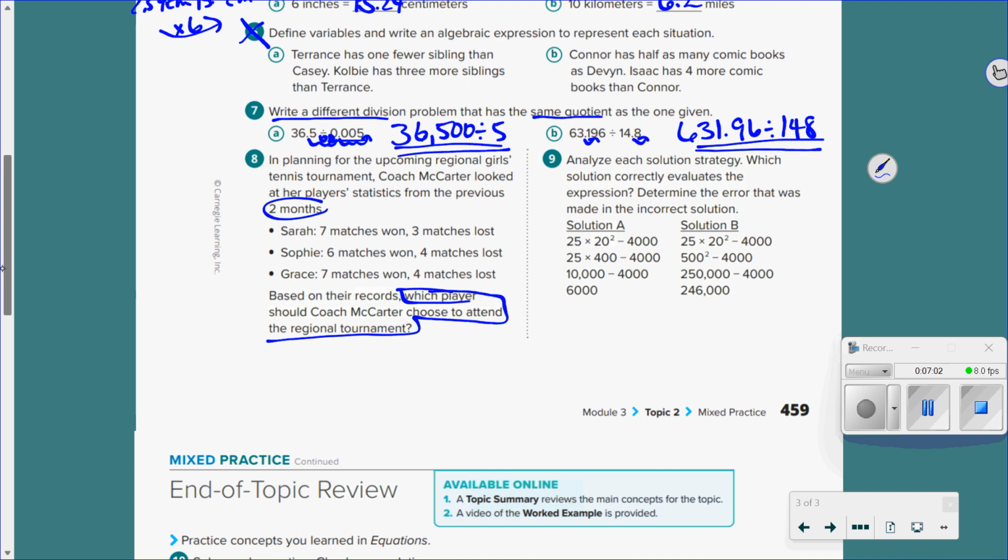So now I can compare these ones. Sarah won 1 more match, but lost 1 less match. So who can I send? Sarah or Sophie? Sarah. Okay? And you can just use that thought process in your explanation.